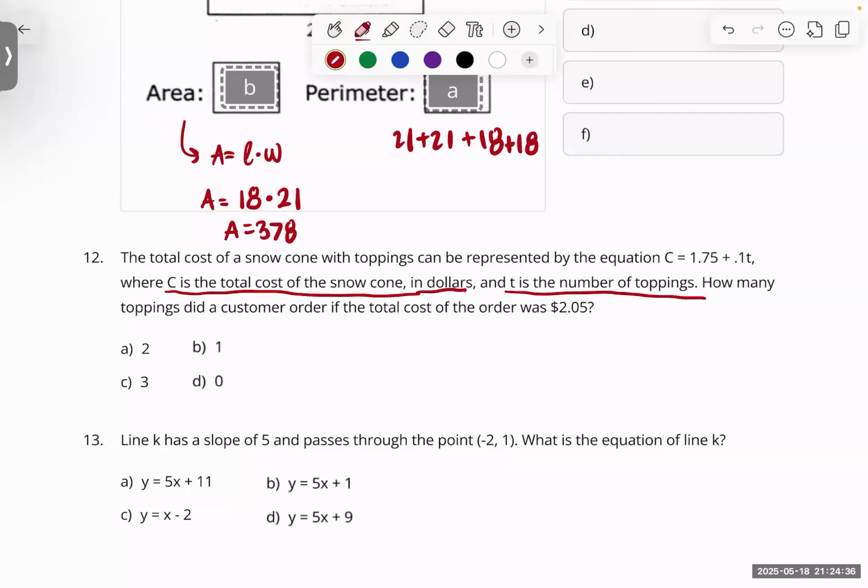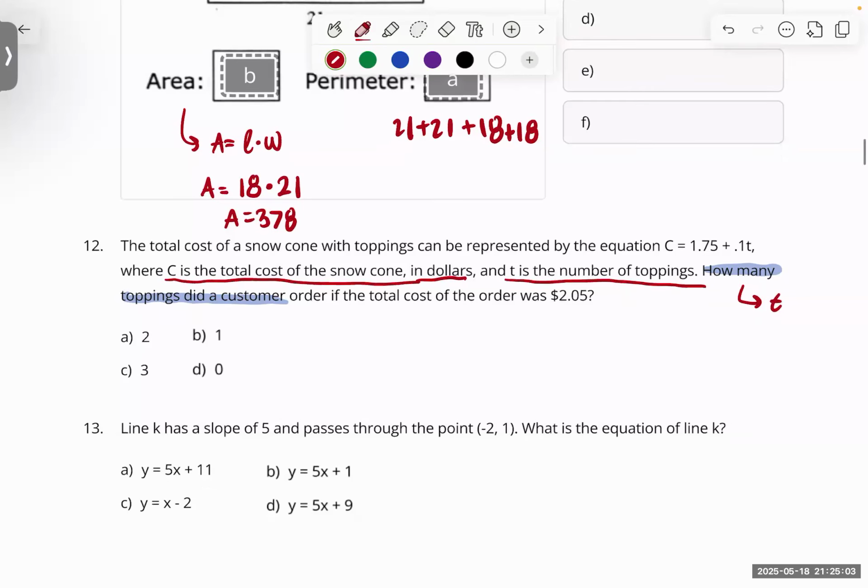How many toppings did the customer order if the total cost of the order was $2.05? So whenever it's saying something like how many, that's what we're solving for. And since it's asking how many toppings did a customer order, and it already told us what variable represents toppings, it's T. We're solving for T.